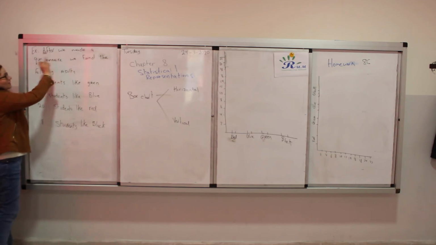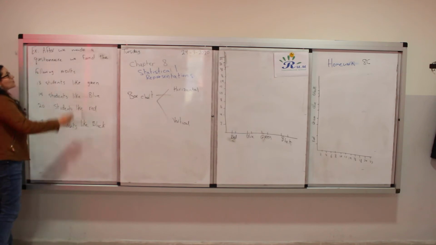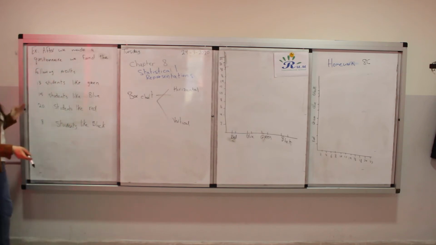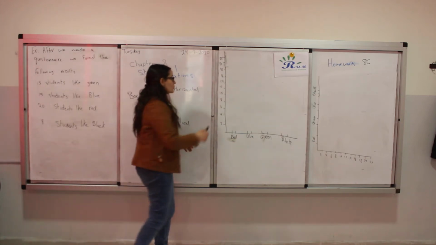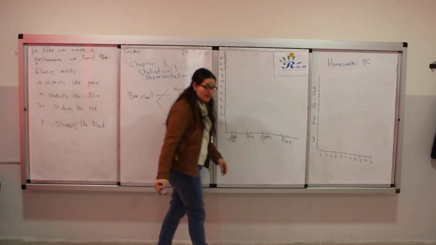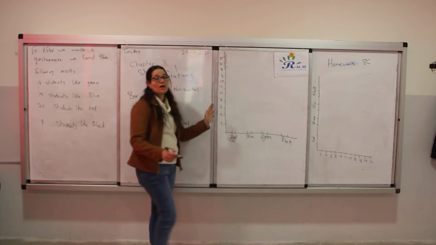Let us go back to our example. After we made a questionnaire, we found the following results: 13 students like green, 15 students like blue, 20 students like red, and 8 students like black. Actually, for the bar chart, we are going to draw two axes, the x-axis and the y-axis.